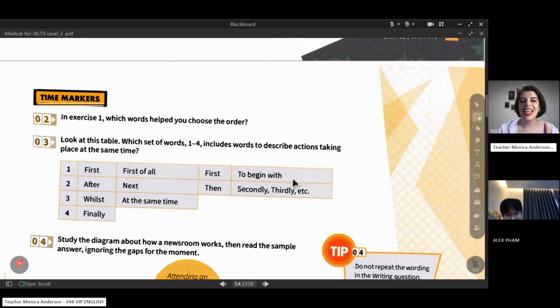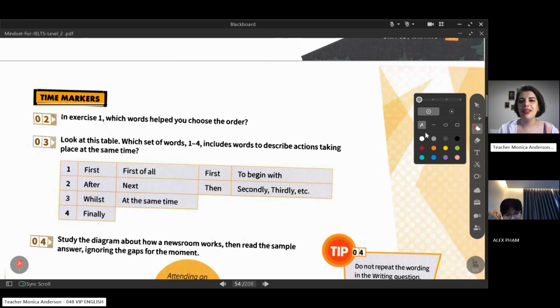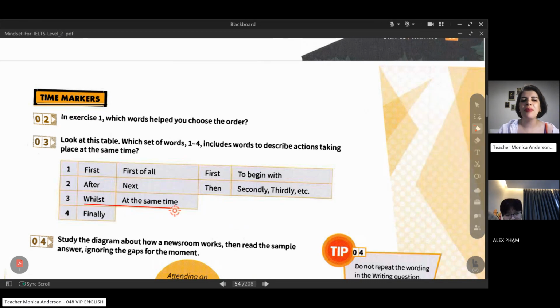Whilst, while. Yeah, of course, at the same time. So, as you can see, whilst means at the same time. While, at the same time, they're the same. So we use them to describe actions happening at the same time.